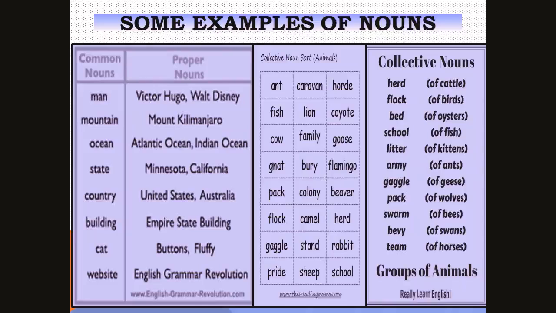There are so many birds in one place. You are explaining. That time you should use the flock of birds. Bed of oyster, school of fish means it's a cumulative colony of the fish. Litter of kittens, so many kittens.